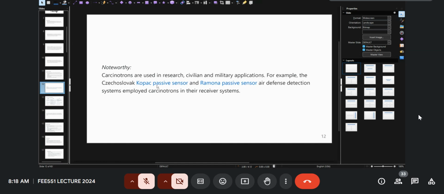The Czechoslovak Kopac passive sensor was applied in electronic warfare, where they were used to detect, I believe, impending bombs, using the time difference of arrival.